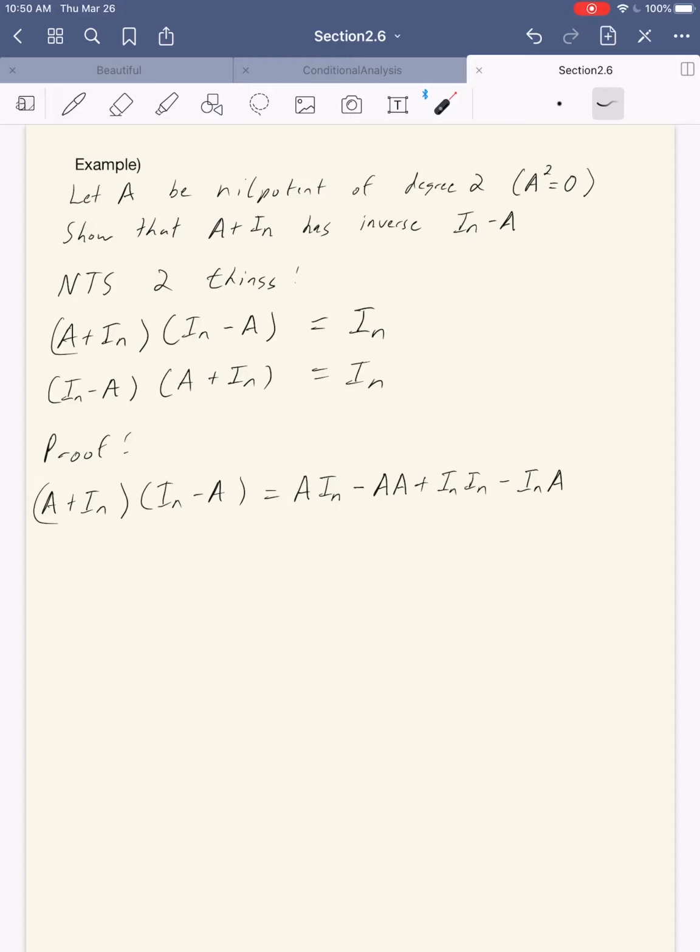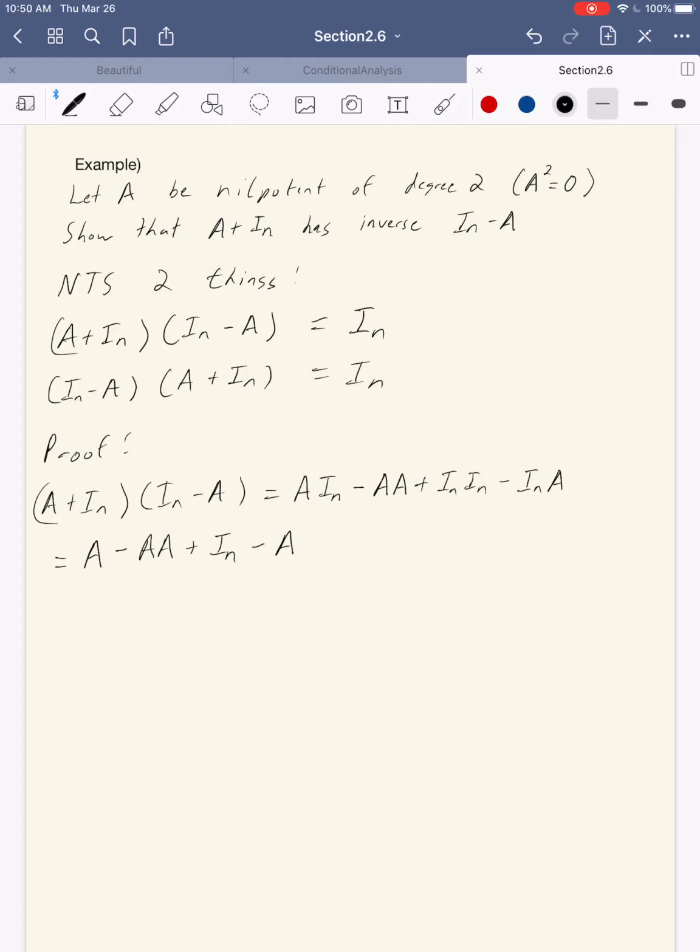Well, first of all, we know that anything that's multiplied by the identity matrix remains the same. So if we do that, we can say that this is the same as A minus AA plus the identity matrix minus A. That's just using properties of the identity matrix, to say that that guy's A, because it doesn't matter which side you multiply the identity matrix on, and since this is a pair of identity matrices, it's also the identity.